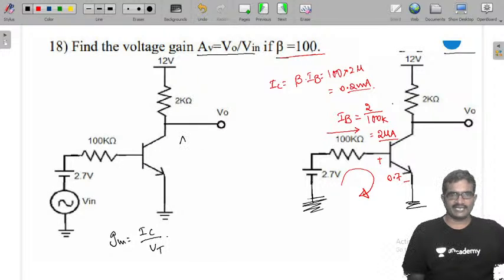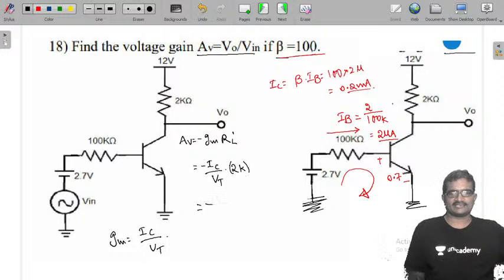So voltage gain AV is minus GM into RL dash. So that is minus IC by VT into RL dash, which is 2 kilo ohms in this. Now minus IC value 0.2 milli into 2k by VT, you can take approximately 25 milli.